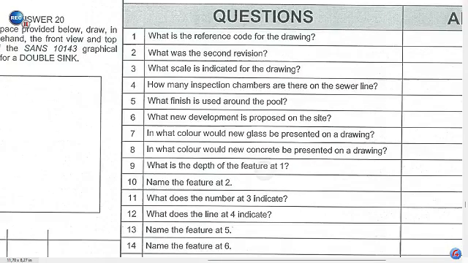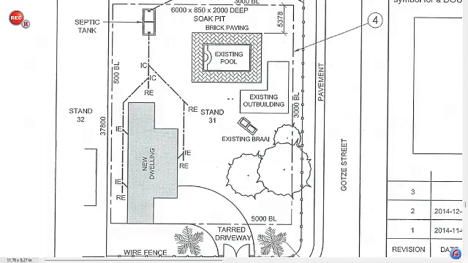So we're going to inspect the sewer line, which is close to the new dwelling. You will find that there are rodding eyes, inspection eyes, but what we are looking for is ICs, which abbreviates inspection chamber, and we only find 2 inspection chambers on the sewer line. So 2 is your answer to number 4.